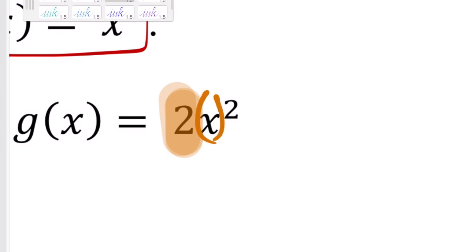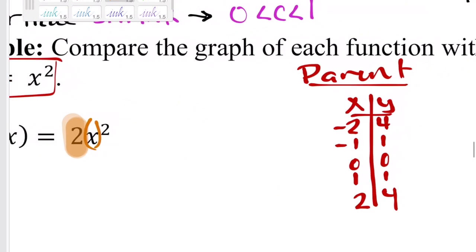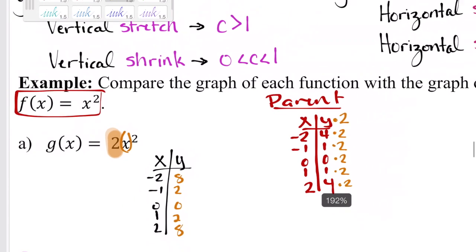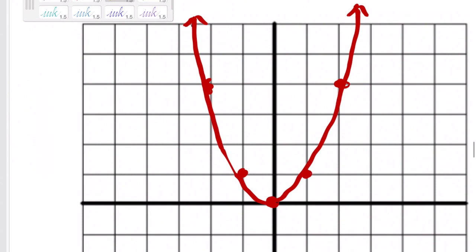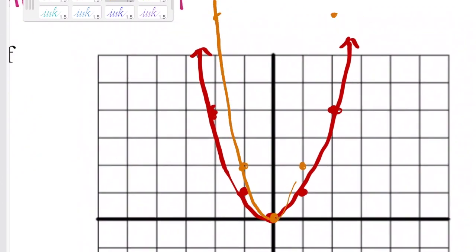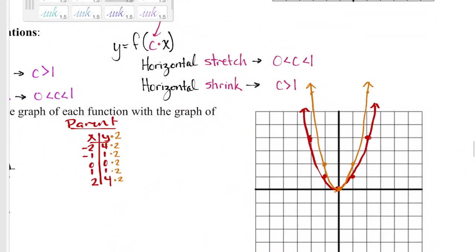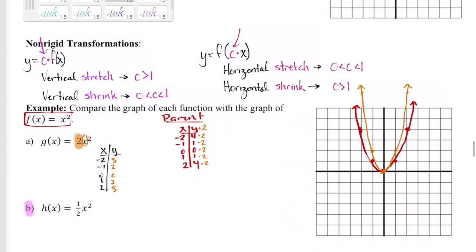There's nothing inside with the x. So that means because it's on the outside, I'm editing my y value. So I'm multiplying everything by 2. And so this is my new function. So I'm going to graph that. And there's our new function. So it's shrinking. It did a shrink. Kind of narrowed.